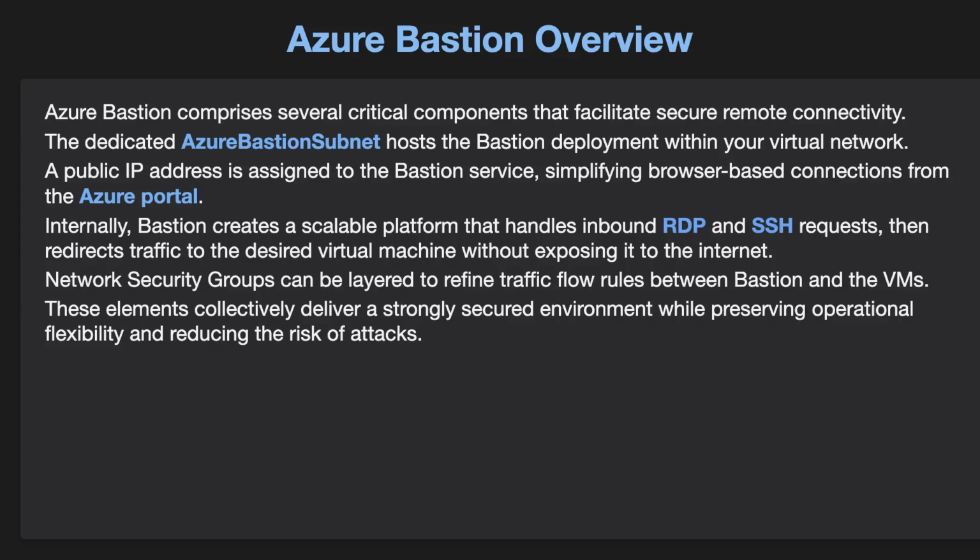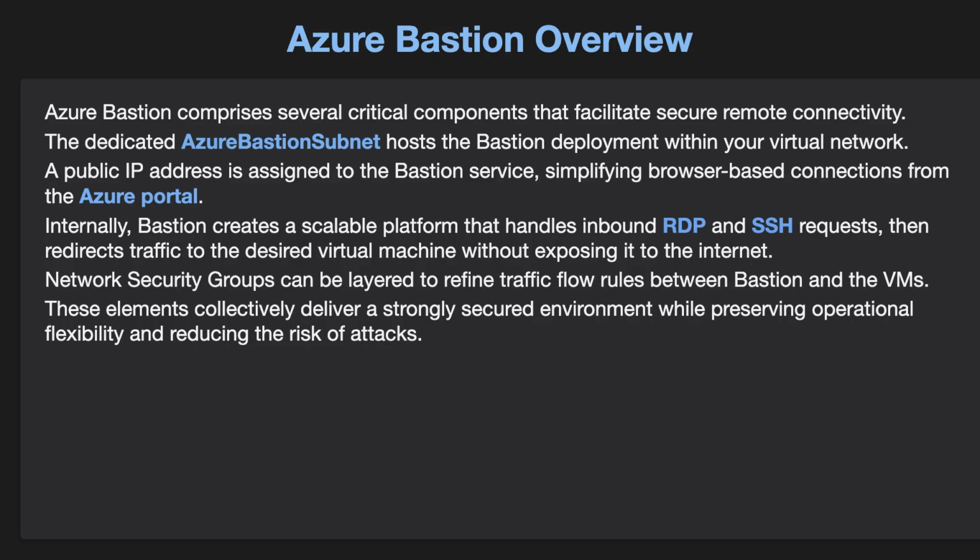Azure Bastion comprises several critical components that facilitate secure remote connectivity. The dedicated Azure Bastion subnet hosts the Bastion deployment within your virtual network. A public IP address is assigned to the Bastion service, simplifying browser-based connections from the Azure portal.